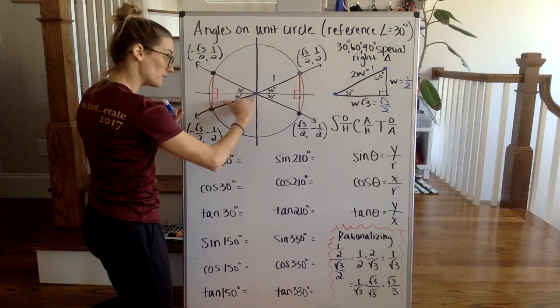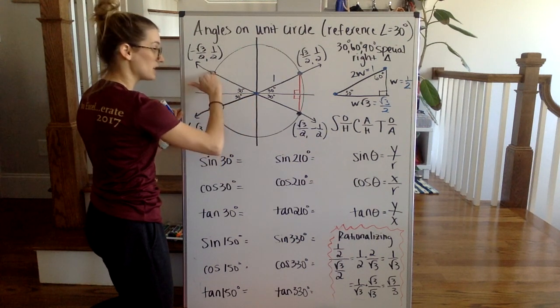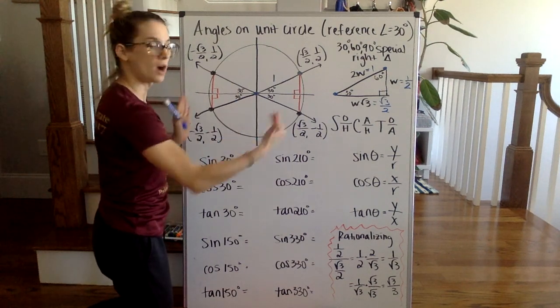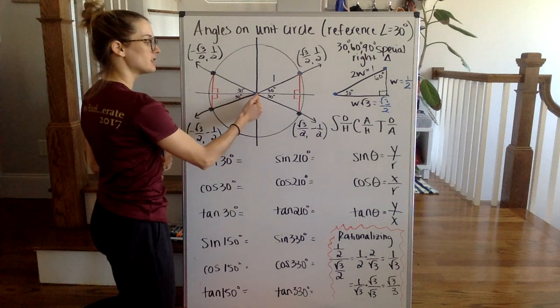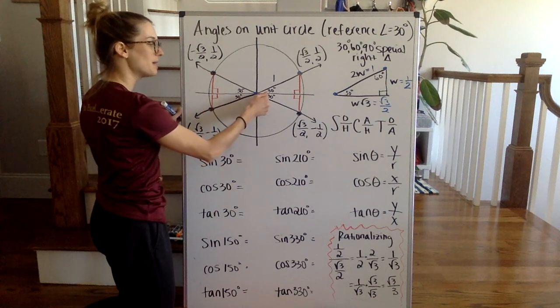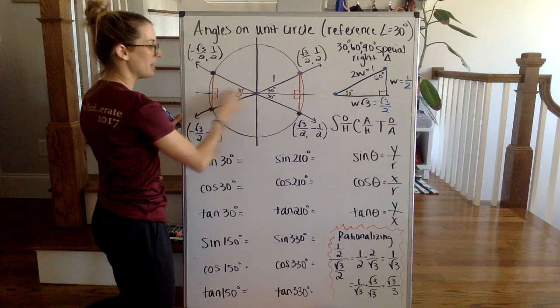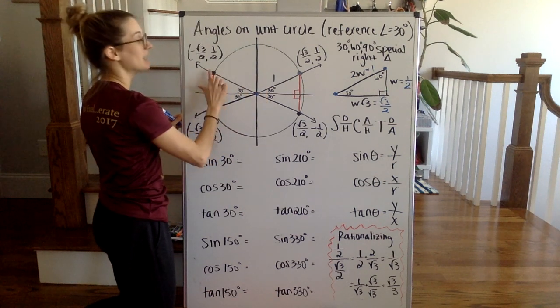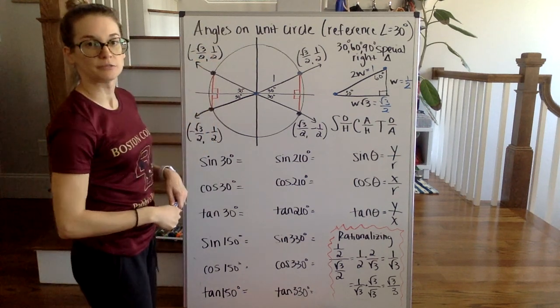So this distance from here to here is still root 3 over 2. And this distance from here to here is still 1/2, but we're on a coordinate plane, and so we have to be thinking about direction. Therefore, to start at the origin and go to this point, I'm going to move backwards on the x-axis. That means I'm moving negative root 3 over 2, positive 1/2. So the x-coordinate is negative, but the y-coordinate is positive.